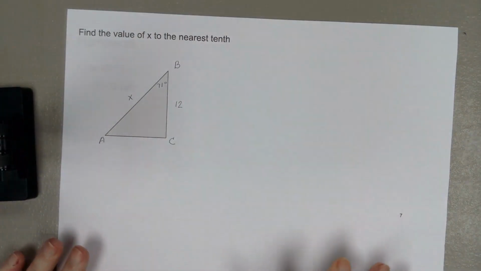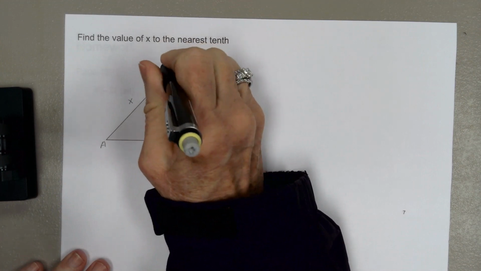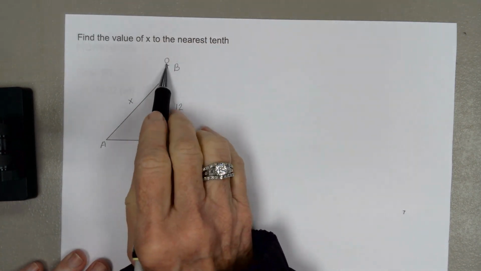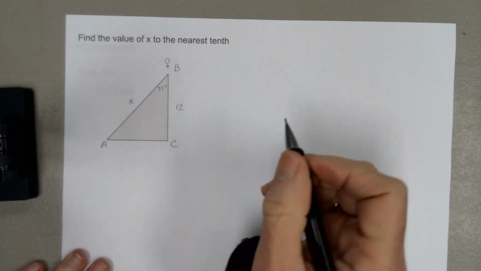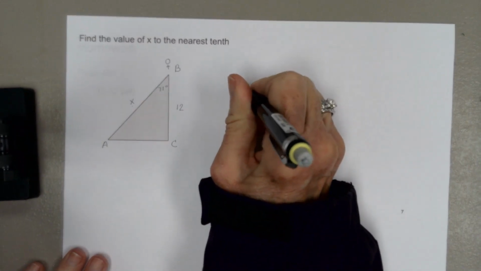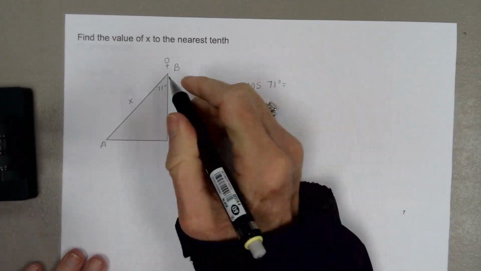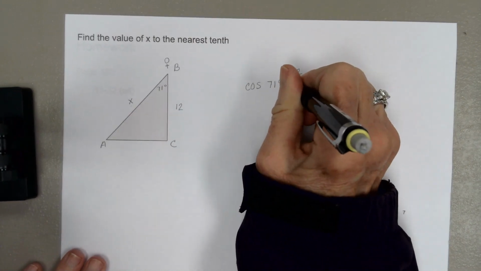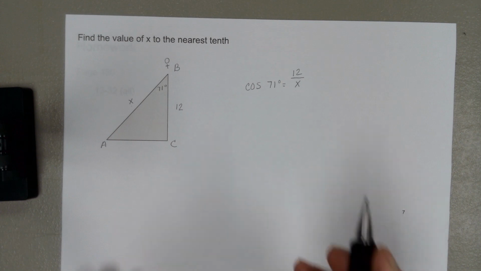It says find the value of x. I know 71, so I'm going to be standing at that angle. Notice if I'm standing there, I have adjacent, and I want to know hypotenuse. So that is the cosine of 71 degrees is equal to adjacent over hypotenuse. Now this one's a little different because the x is on the bottom, and I can't solve for an x being on the bottom.